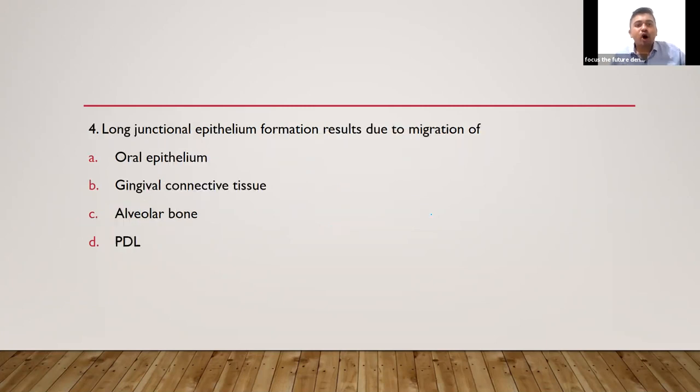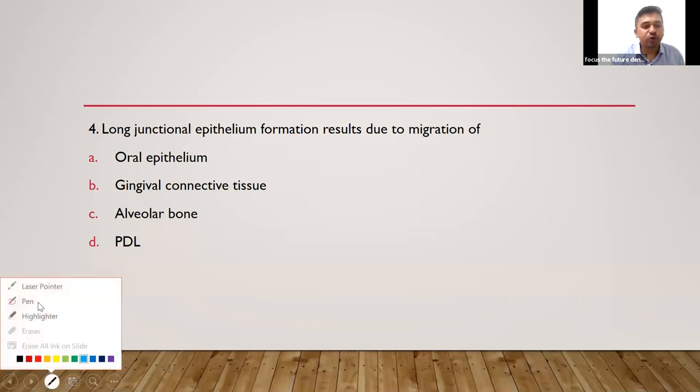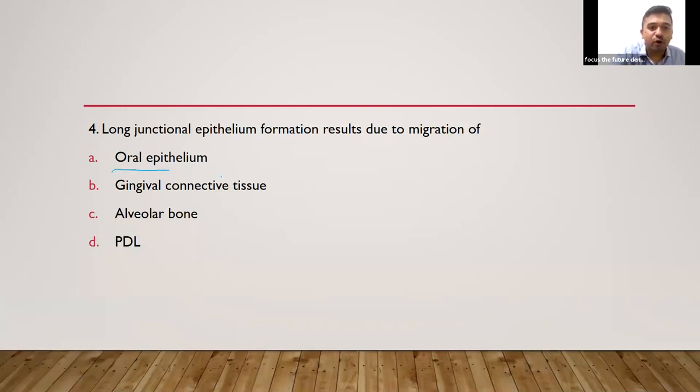Question number 4: long junctional epithelium formation results due to migration of oral epithelium, gingival connective tissue, alveolar bone, or PDL. You should not make a mistake in this. Multiple times I kept it. Yes, very good. It is your oral epithelium.